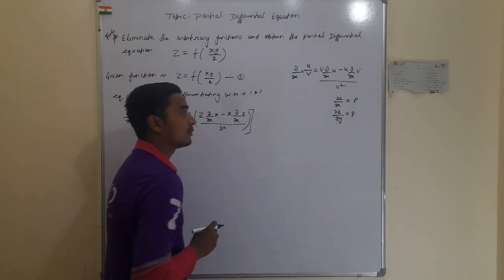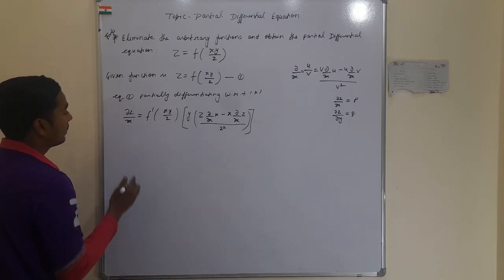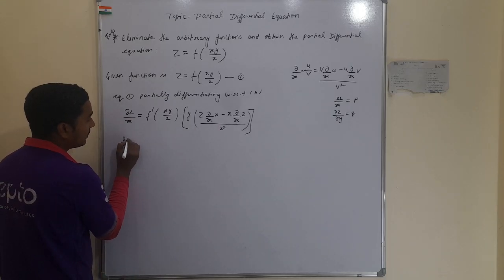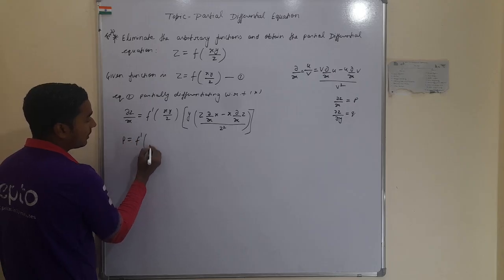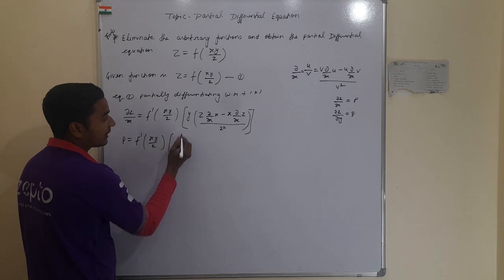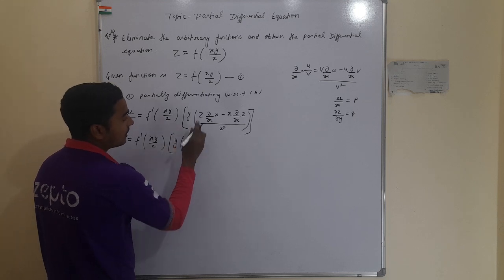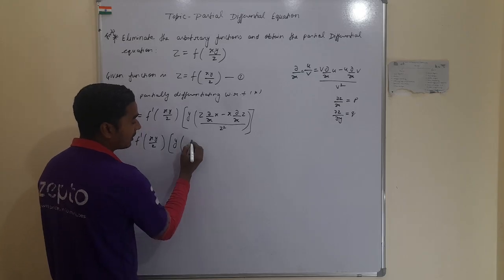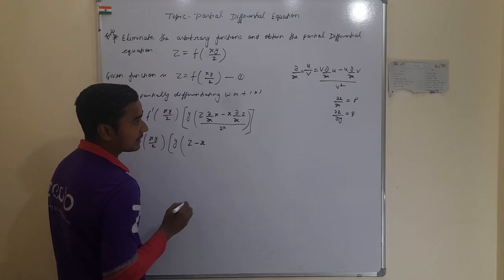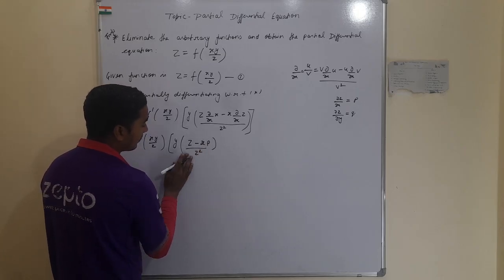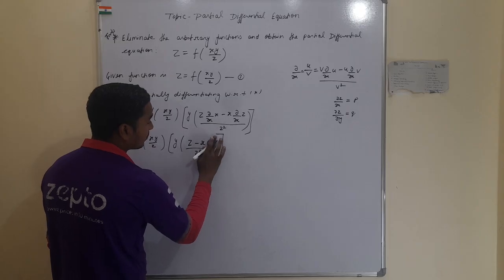In partial differential equations we use this notation. Further, for del z upon del x, putting p is equal to f dash of xy upon z, and in the bracket y is taken outside, and differentiating with respect to x gives 1. This is z minus x into p, upon z square.